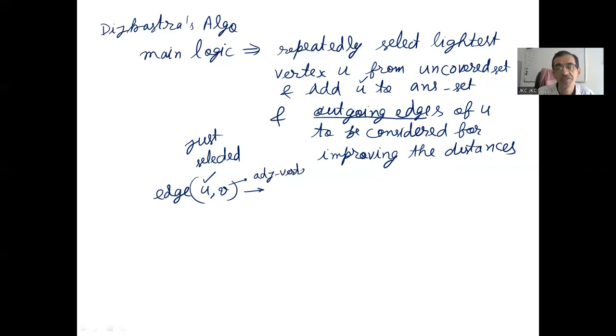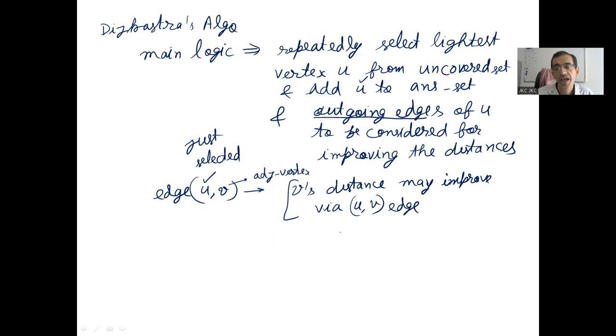So this is adjacent vertex. So V's distance may improve, V's distance may not improve, may improve via UV. So this step I say is going to be called as relax. So I will say relax the distance based on UV edge.